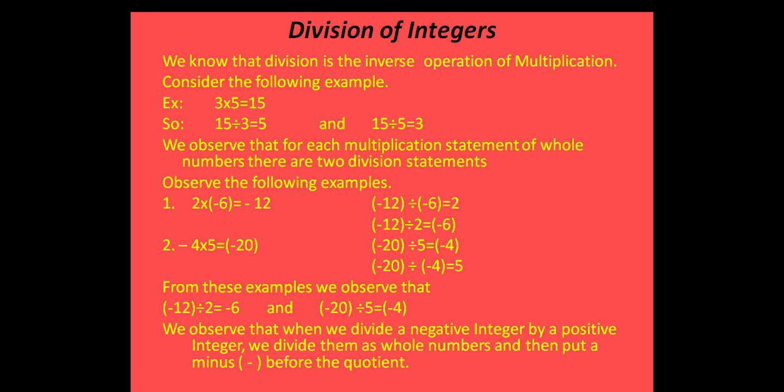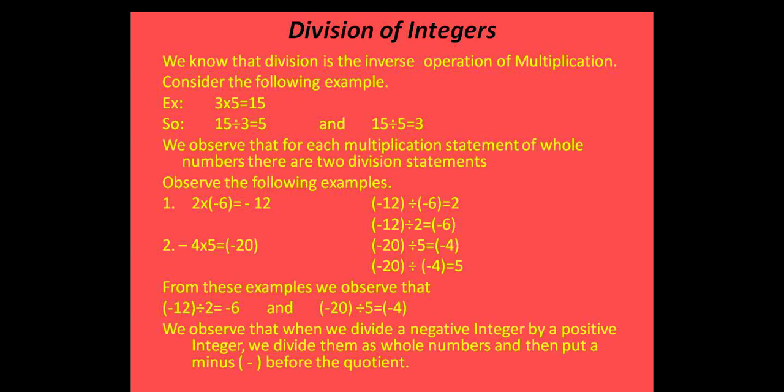First one, 3 into 5 is equal to 15. That can be written as 15 divided by 3 is equal to 5 and 15 divided by 5 is equal to 3. We observe that for each of the multiplication statements of whole numbers, there are two division statements.